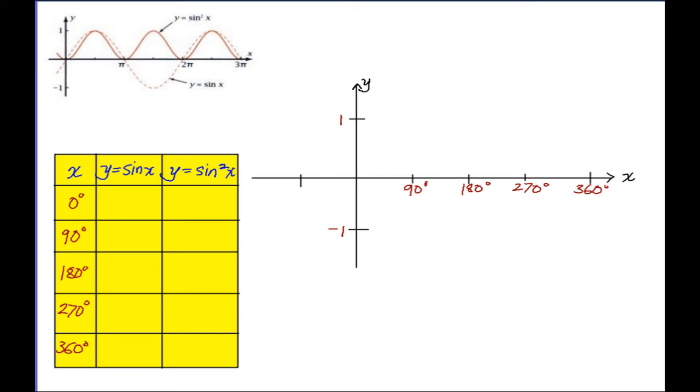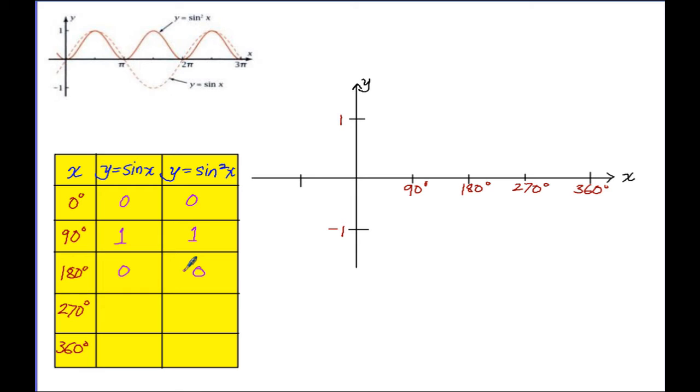At y is equal to sine x, for x is equal to 0, that would give a value of 0. If we square that, we also get 0. If x is 90, then we will have a value of 1, and if we square that, it will still be 1. If x is 180, that's still 0.